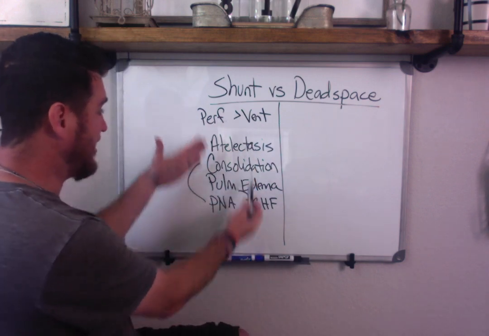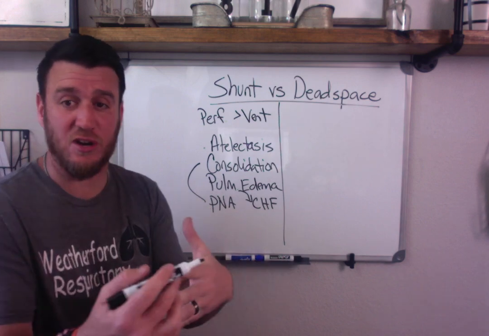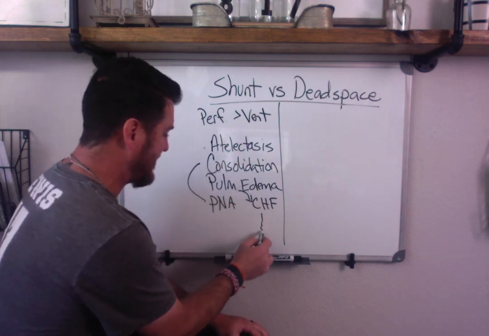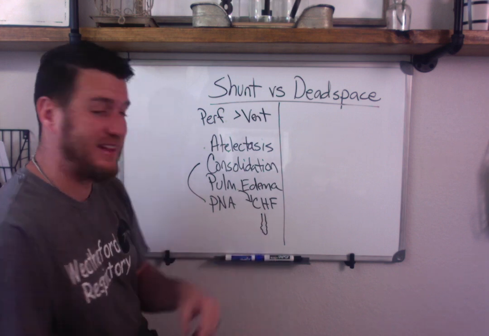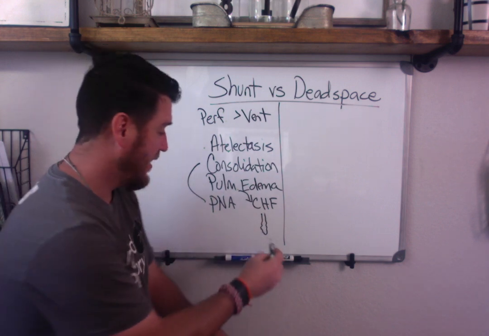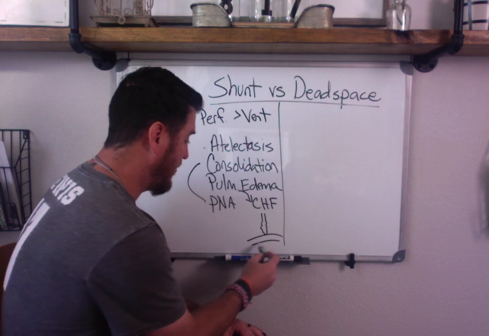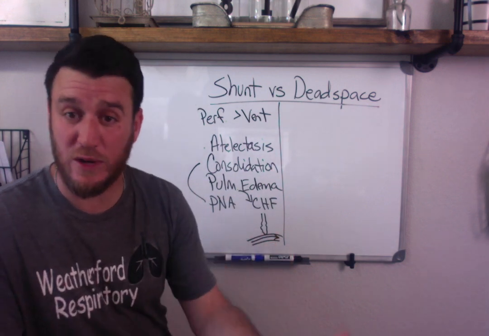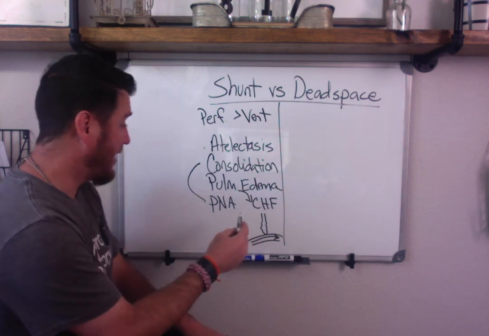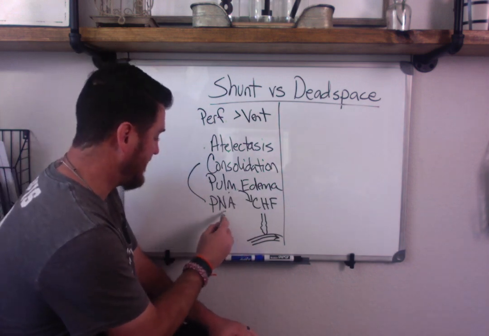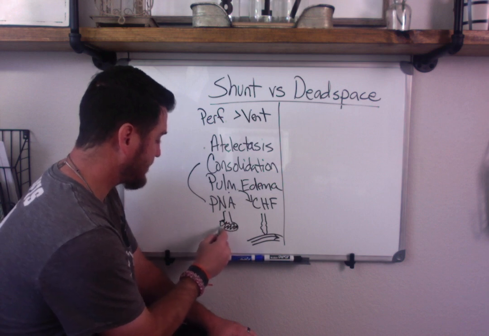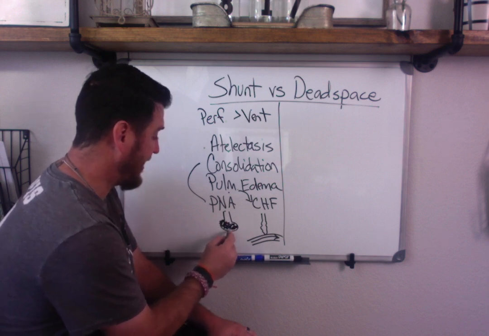Now, what these look like from an illustration standpoint is, if we talk about atelectasis, you have alveoli that look like that. They are collapsed, right? But you have blood flow passing by those atelectatic regions. If the alveoli with pneumonia or pulmonary edema is filled with fluid, then you have alveoli that look like this.